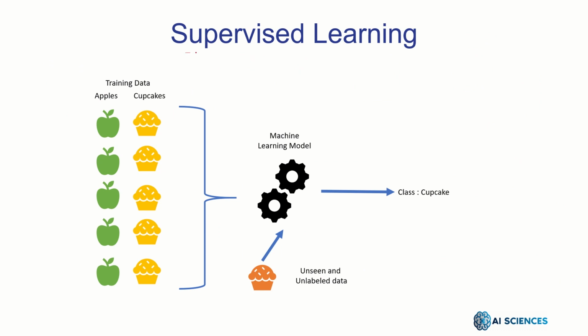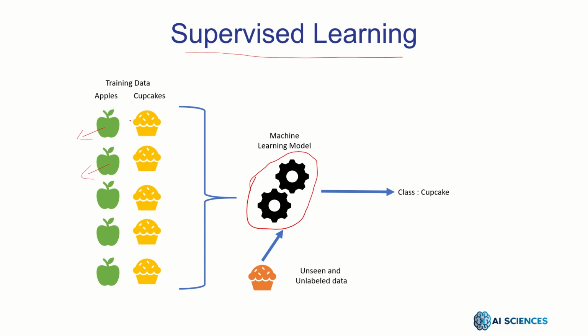One is called supervised learning. In supervised learning, we have a lot of objects, and for each object, we know the category of it. And we want to build a model. Just assume this model is like a kid's brain, for example.